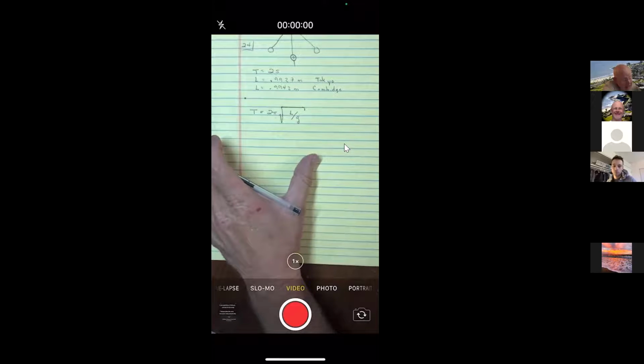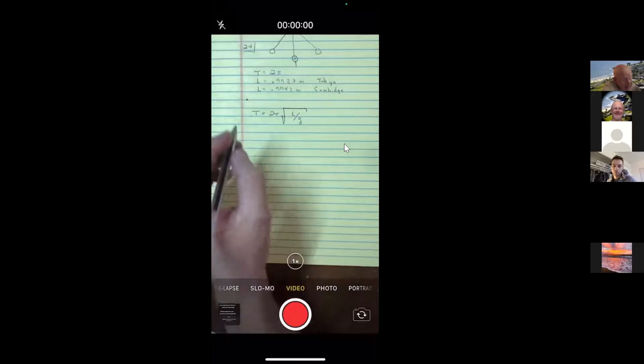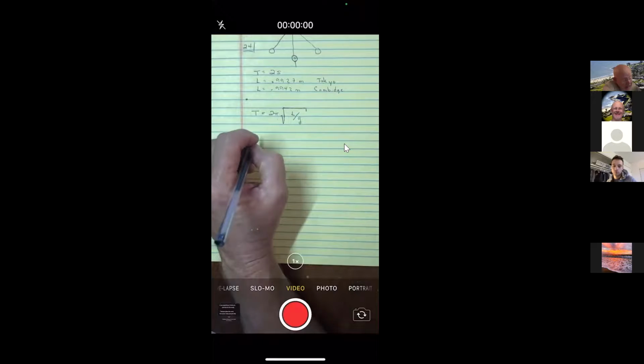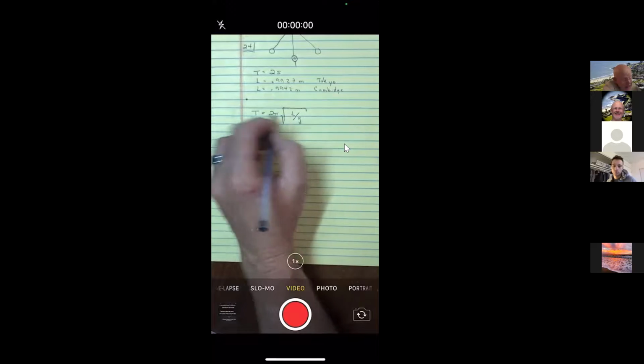And just for completeness, it sounds like you're ready to move on, but I'll just finish the math here. Well, they're both equal to 2 seconds.